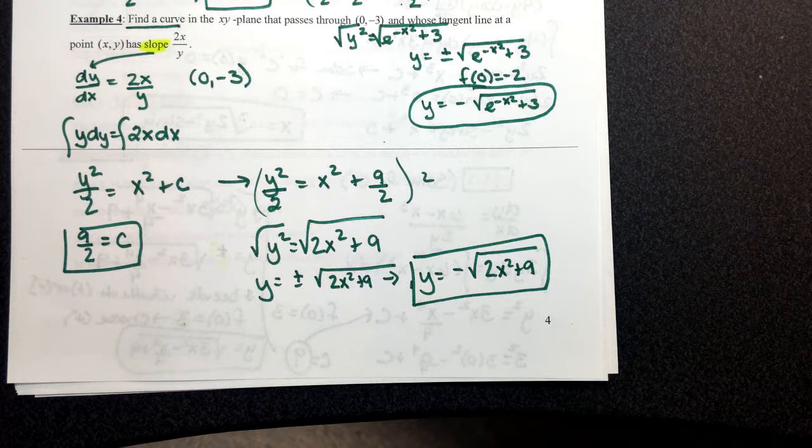And then when you go to do your square root, you have to choose the negative in front of the radical because your initial condition had a negative y value. So any questions on using your separation of variables in order to help you solve these general solutions and the initial condition in solving for C?